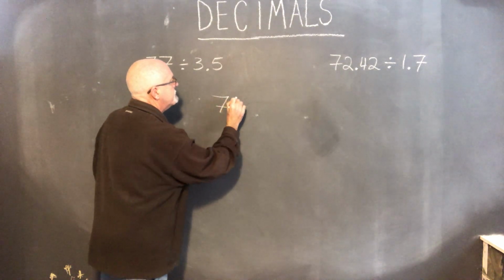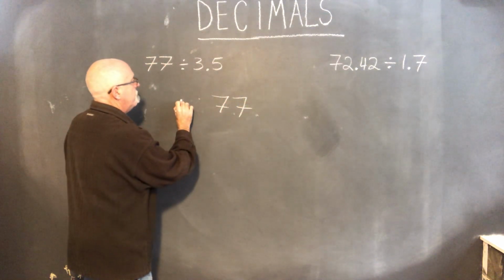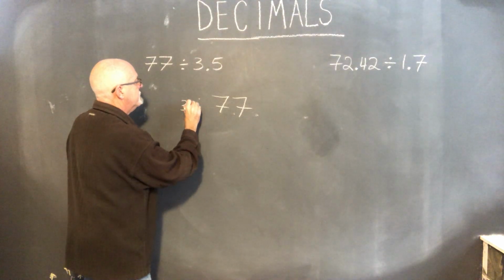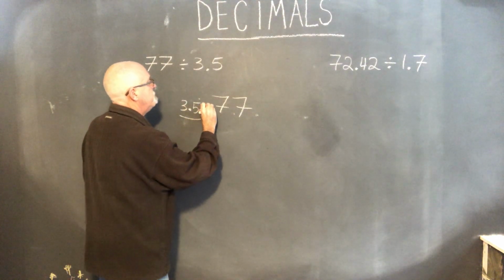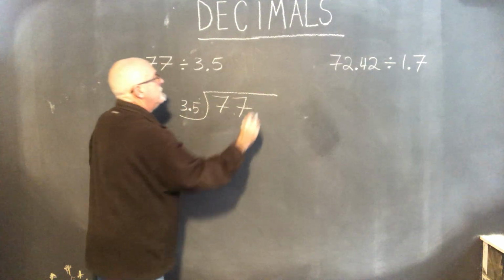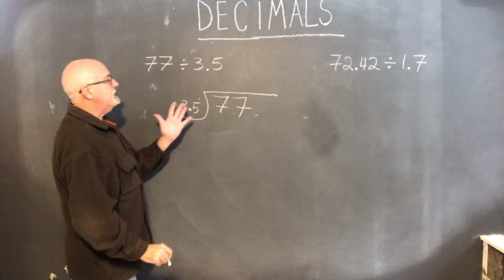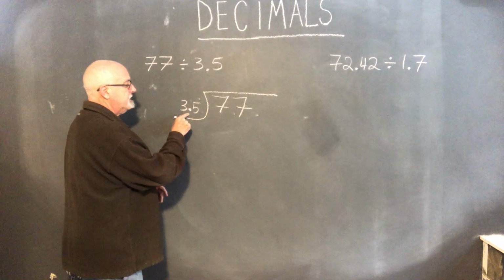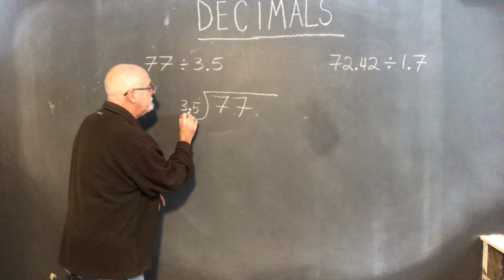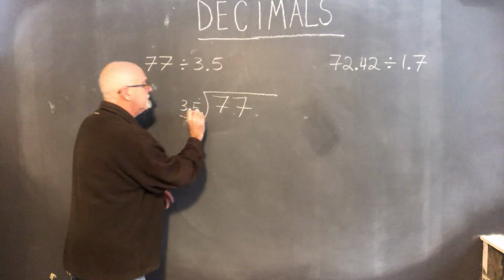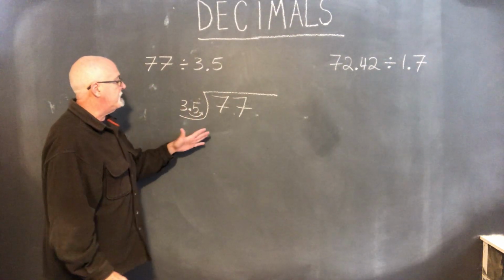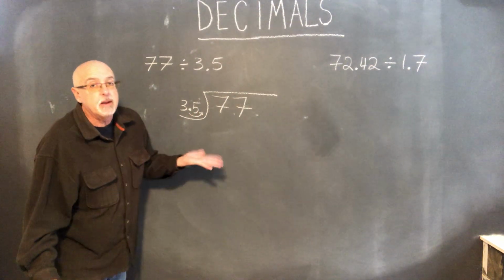We write 77 and we put 3.5 in this position, and I'm making this roomy because we have to adjust the decimal. When you're dividing with decimals and this has a decimal, we have to move it. It's too confusing to try to do it if we don't move the decimal. So I'm multiplying the 3.5 by 10.